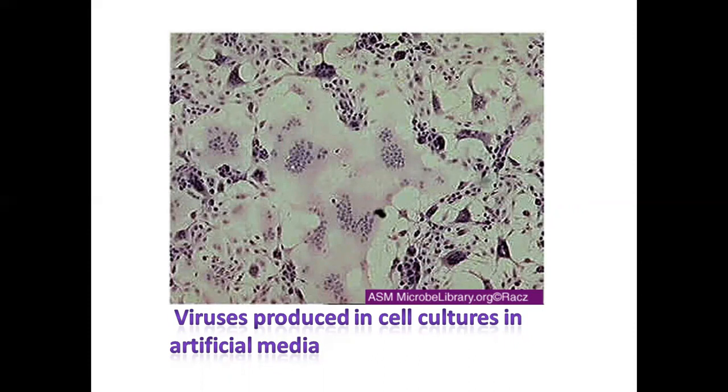So in order to get the viruses, we first have to grow some animal cells or plant cells in a culture, and then we introduce the virus, and we can extract virus particles when they grow inside the cells. So that is how we harvest virus particles.